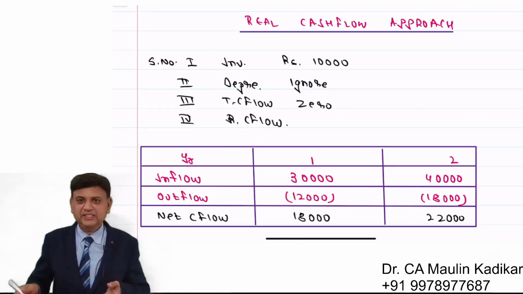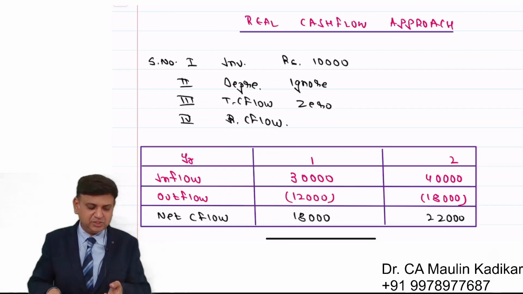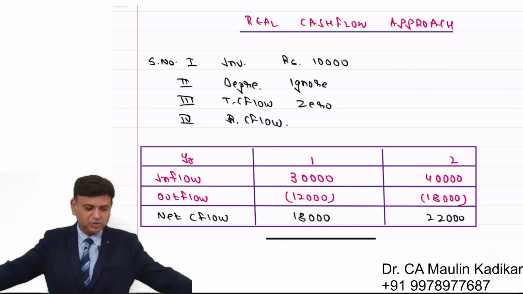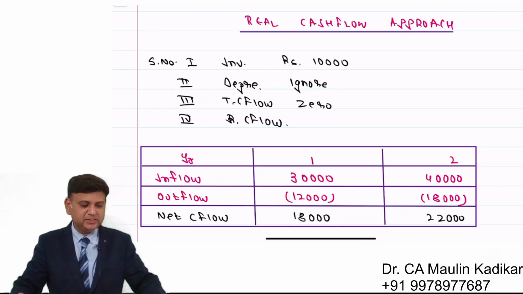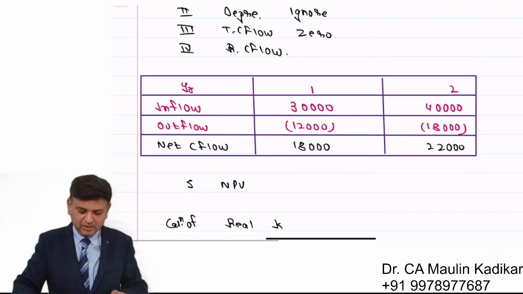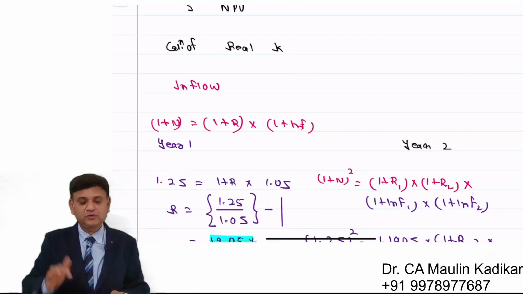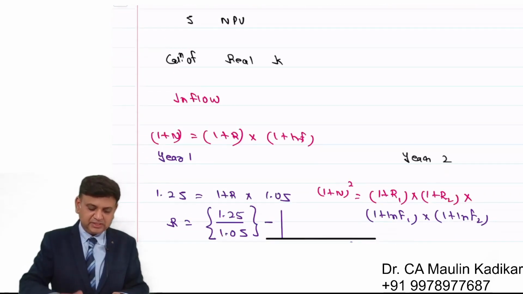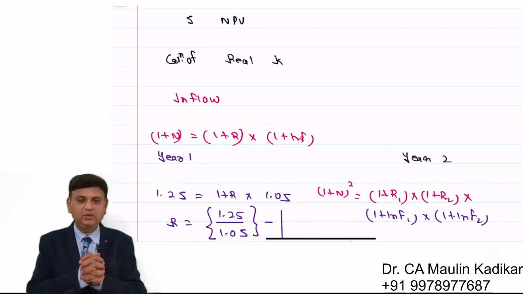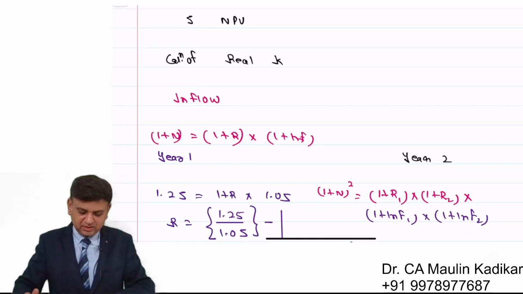Friends, there are very rare chances that this kind of question is required to be answered using the real cash flow approach. But if we are required to answer with the real cash flow approach, then step number 5 is going to be very important. In step number 5, first of all the real cost of capital will be found for the first year and second year.